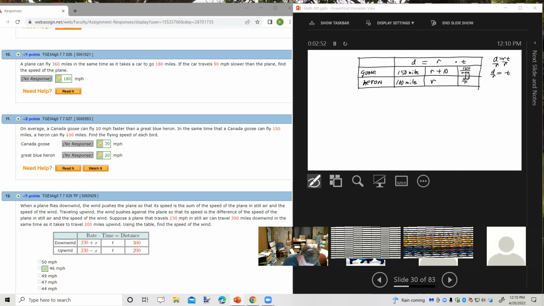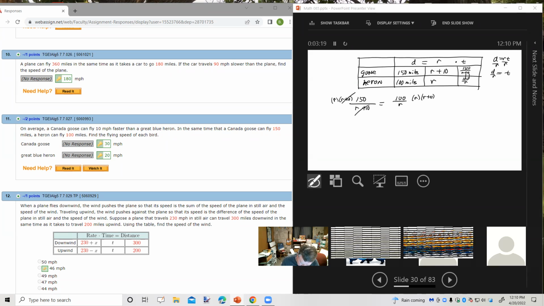Since the times are equal, our equation becomes 150 over r plus 10 equals 100 over r. Okay. Any questions there? No.